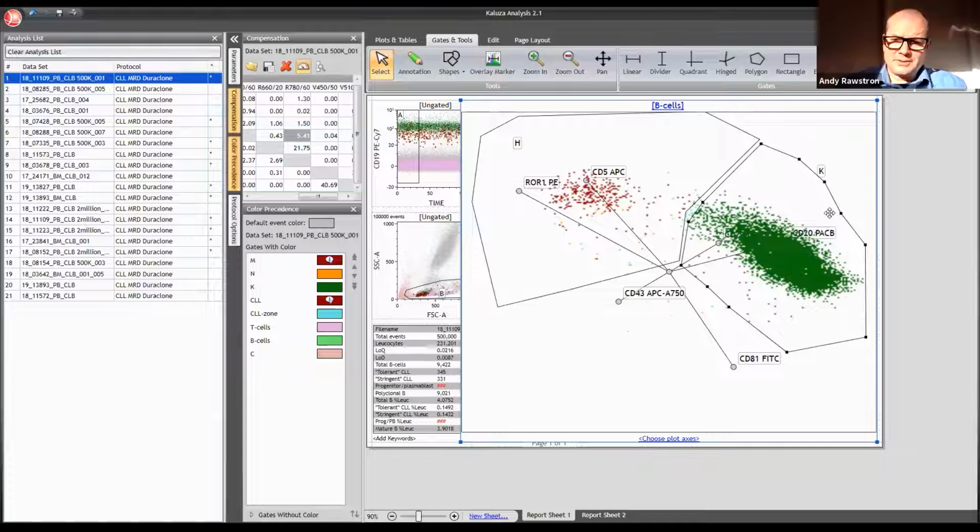Equally, if a case has got ROR1 expression, you might be looking for mantle cell lymphoma, in the same way that you'd be suspicious about lack of CD200 on the CD5 positive case. Expression of ROR1 on anything other than B progenitors and CLL is almost uniquely on mantle cell lymphoma, or sometimes acute lymphoblastic leukemia, but usually that's not a difficult clinical question. If somebody's got ALL, you're not really typically looking for mature B cell markers.